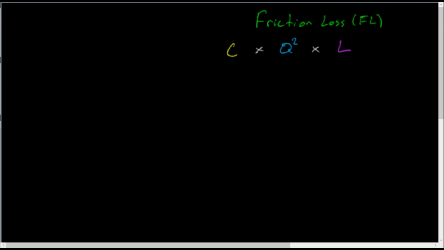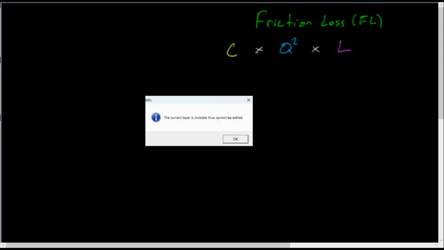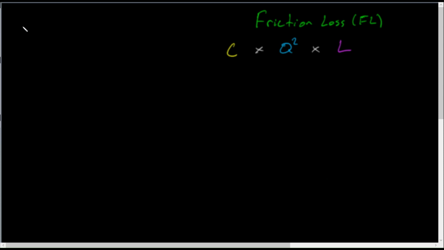Next, we have friction loss. Friction loss is calculated using CQ squared L. C is for coefficient, and the coefficient is dependent on hose size. So a 1-inch hose and a 5-inch hose are going to have vastly different coefficients.